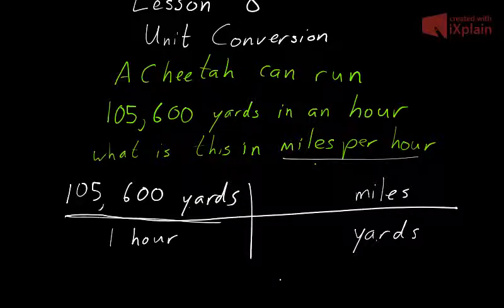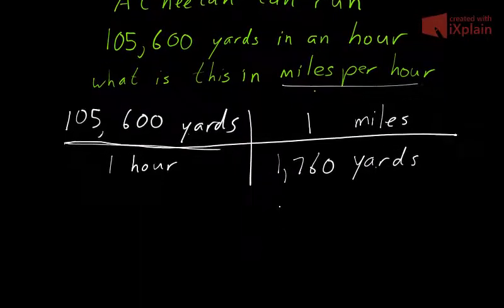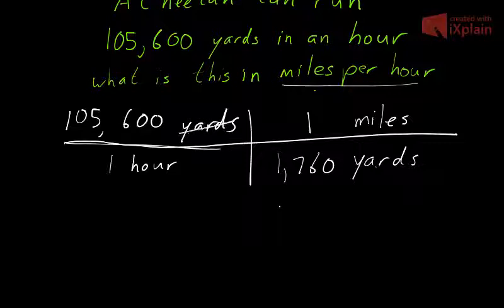So now the question is, what numbers do I have for miles and yards here? And that number is going to be that 1 mile is equal to 1,760 yards. After that, I just need to simplify, so the yards are going to go away. I'm going to multiply across the top and bottom.